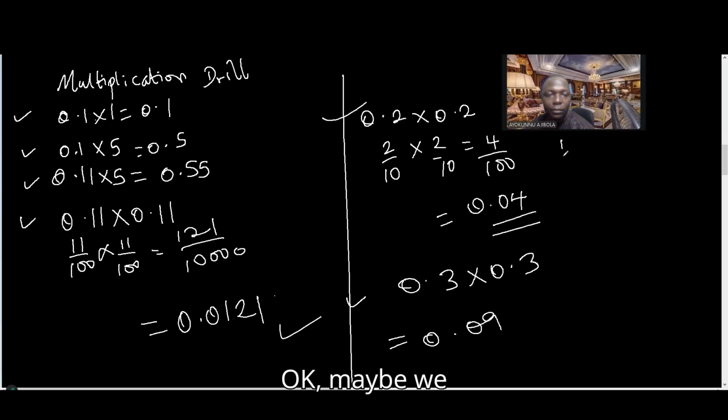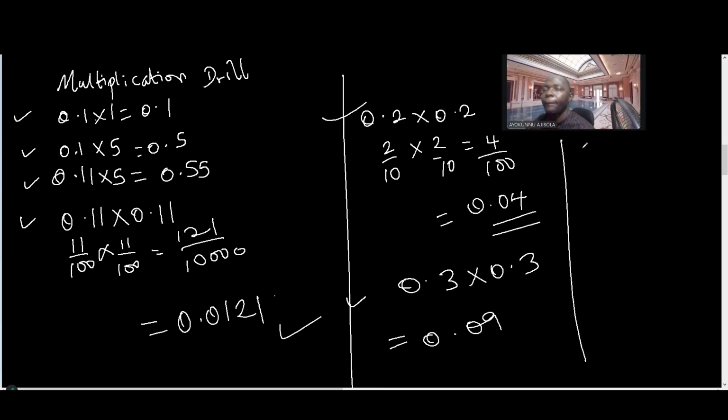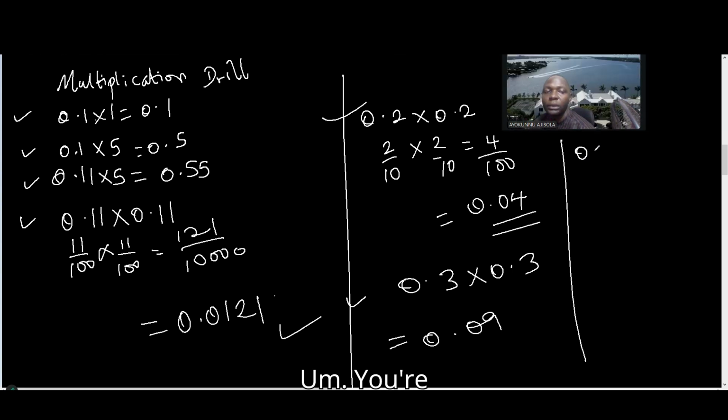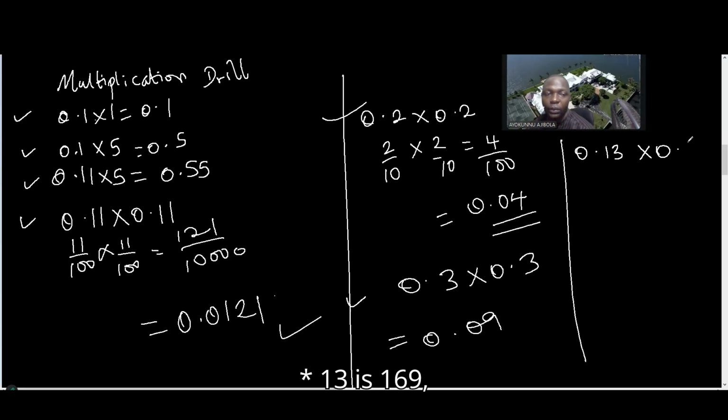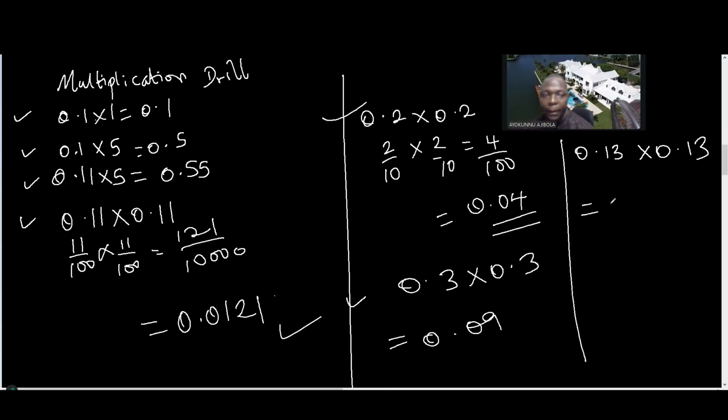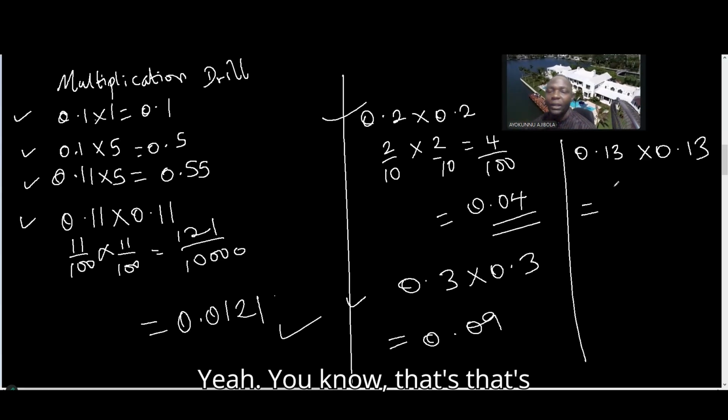Okay. Maybe we try 0.13 times 0.13. 13 times 13 is 169, right? How did I do? Yeah, you know 13 squared should be 169.